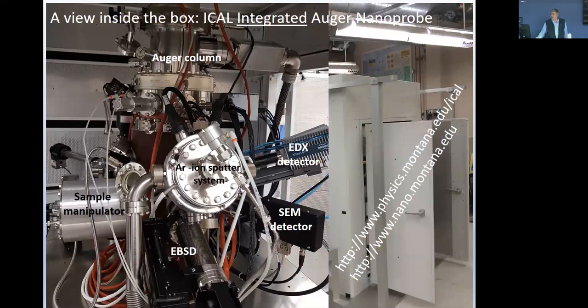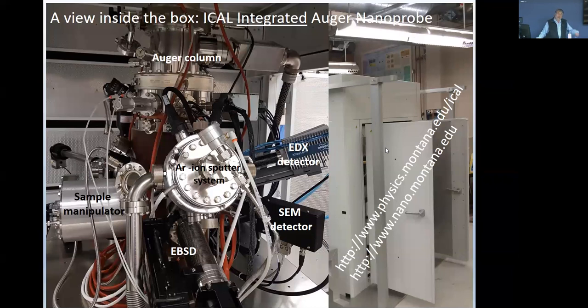This system here is enclosed inside this metal box, which has thick metal walls. That's for acoustic isolation as well as light, as well as we bake this system to achieve ultra high vacuums. So this sits in this prison here, so to speak.